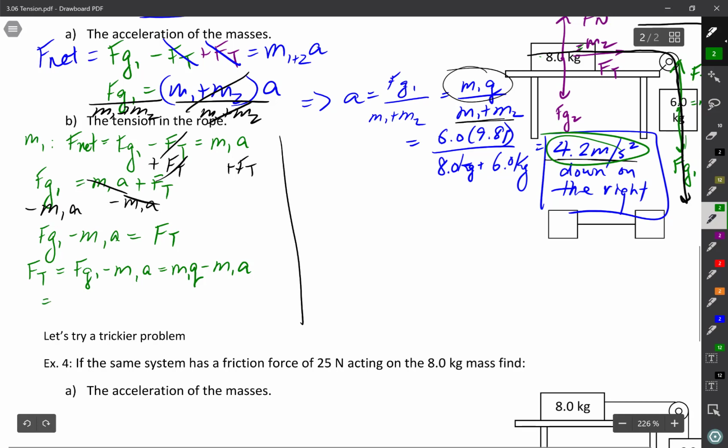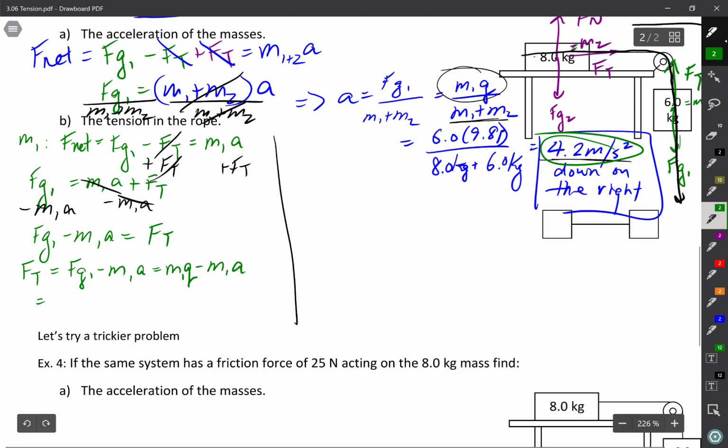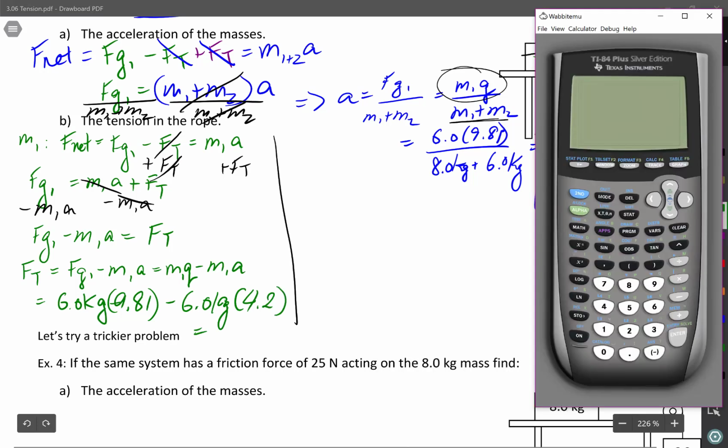Putting this in, my mass 1 is 6 kilograms. 6 kilograms times gravity, 9.81, minus 6 kilograms times 4.2. And of course, I'm going to use the non-rounded version from my calculator.